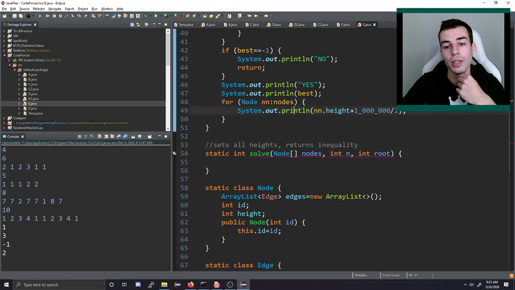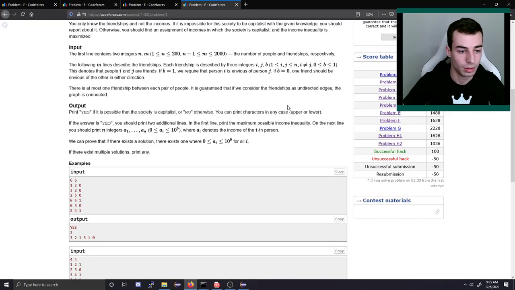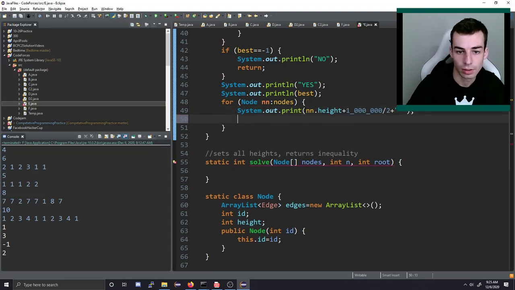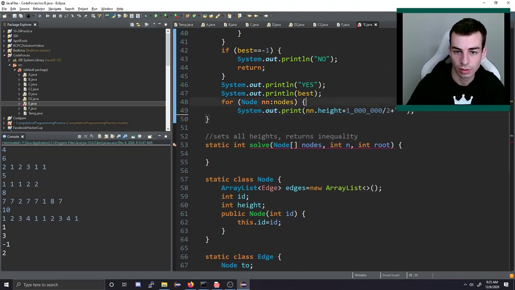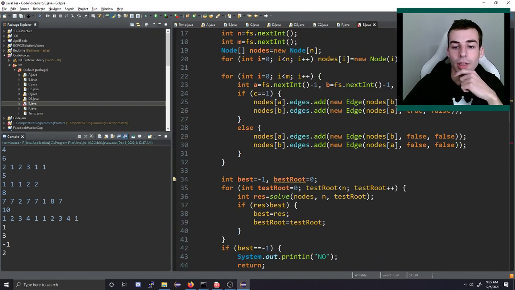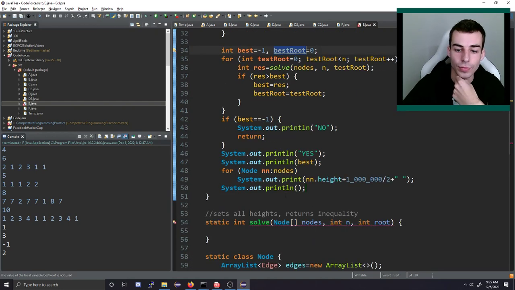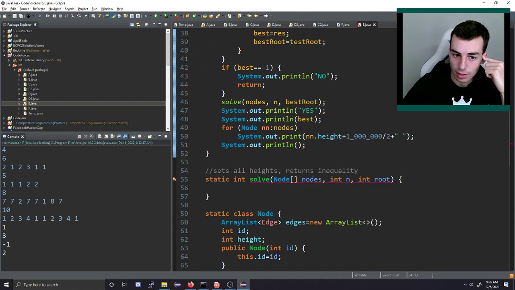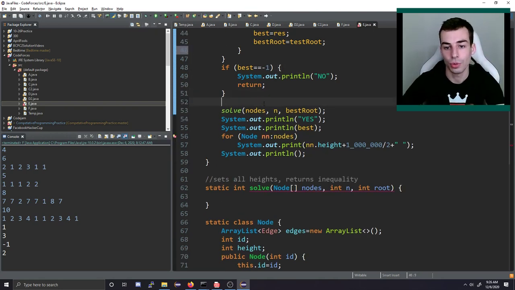So we don't have to worry about negatives, and then this should be space separated. Okay. Okay, this is solve nodes and best root. So we have the best thing set here. Okay. So we should be good.